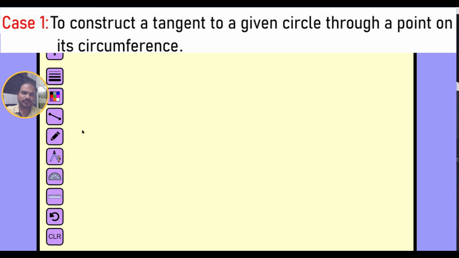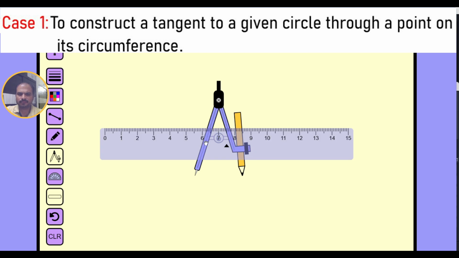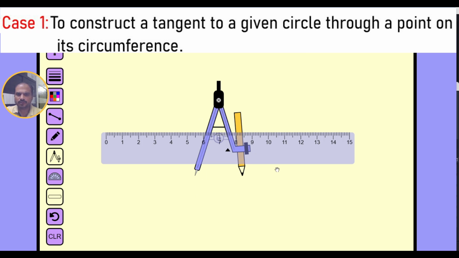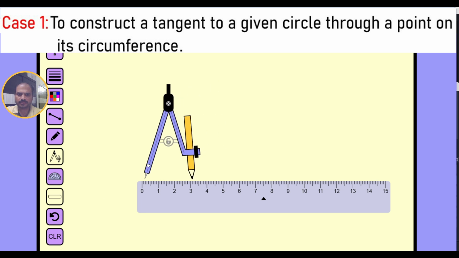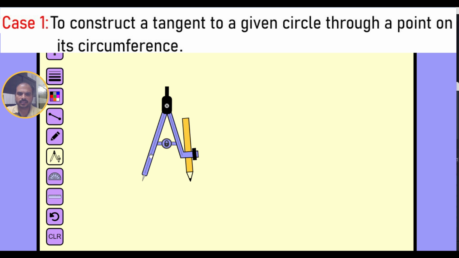So what I do here is, first of all, I'll draw a circle, any circle. For example, I'll take a circle of radius 3 centimeter children. So this is the 3 centimeter. Now I will draw a circle.